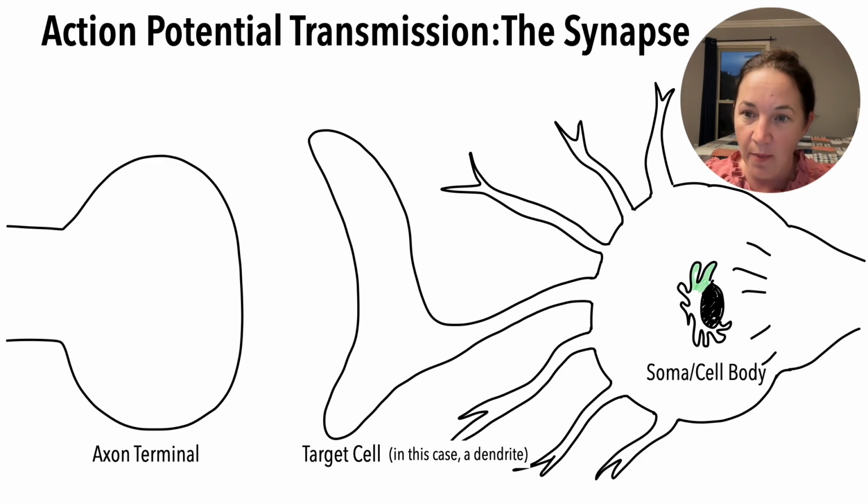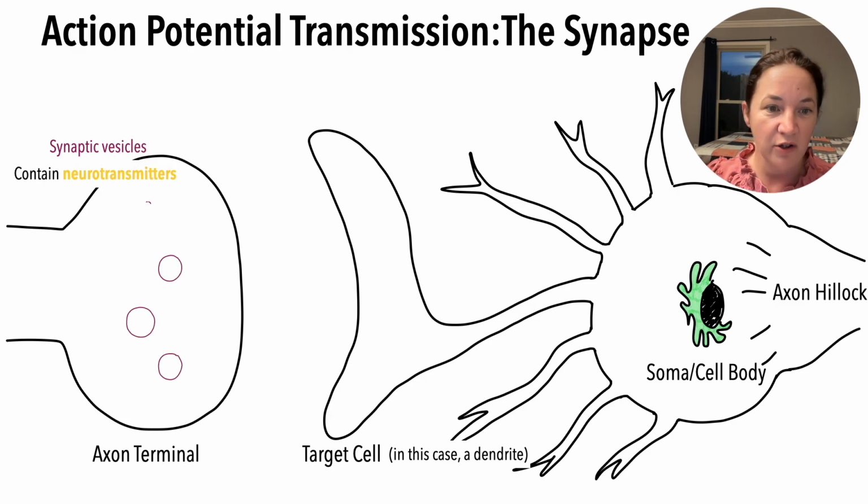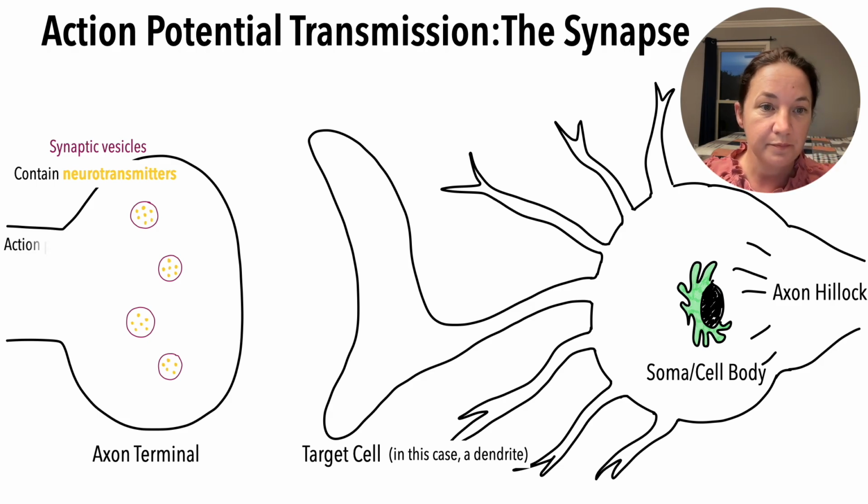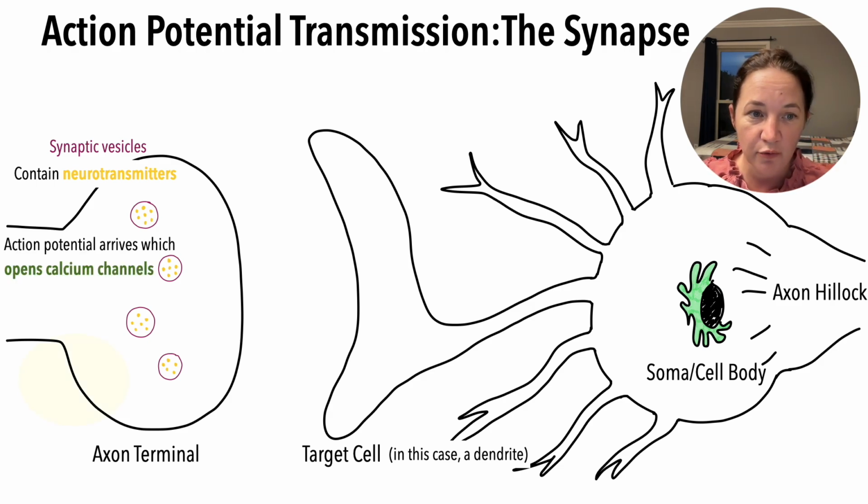So we've got the cell body, and I'm making all those Nissl bodies, the rough ER, in green, and then there's the axon hillock. Okay, so now looking back at the axon terminal, you have synaptic vesicles that contain neurotransmitters. And when the action potential arrives, it will open calcium channels on that axon terminal.